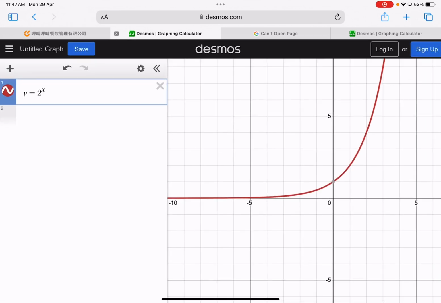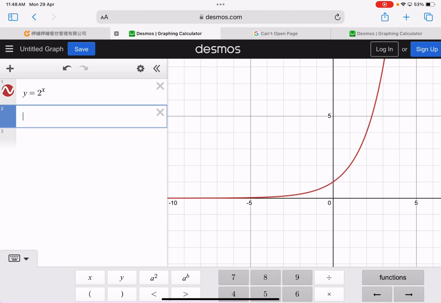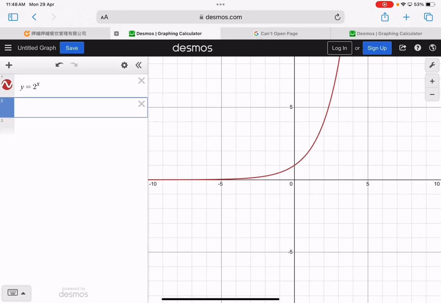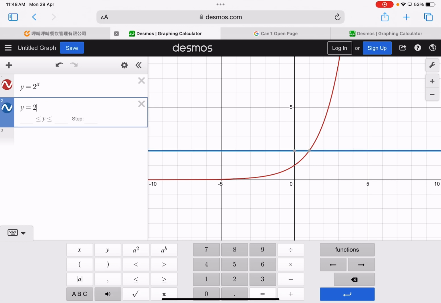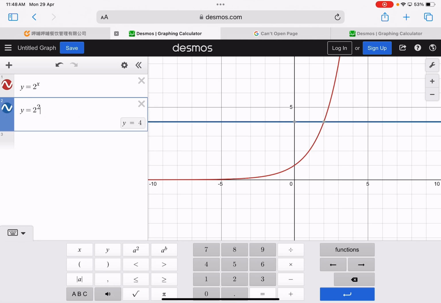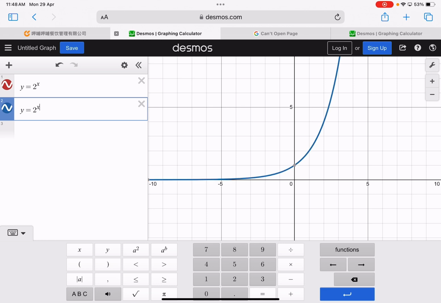For those of you who really don't have the iPad, then you look up. But sometimes it's much better if you really work it out yourself. I want you to create another function, y equals 2 raised to the power of x minus 1.